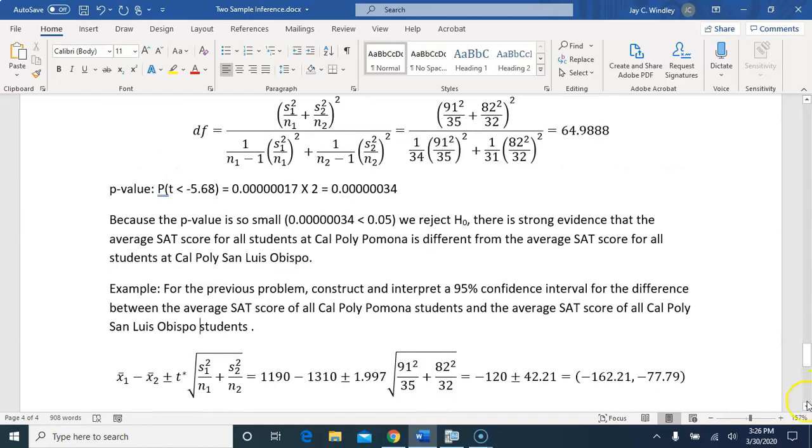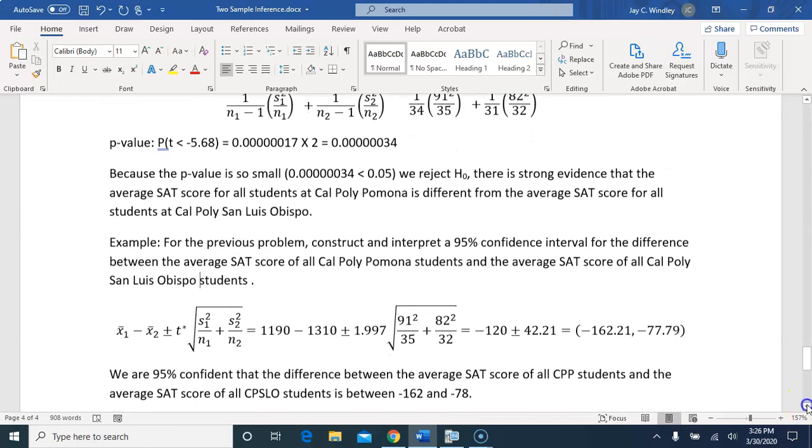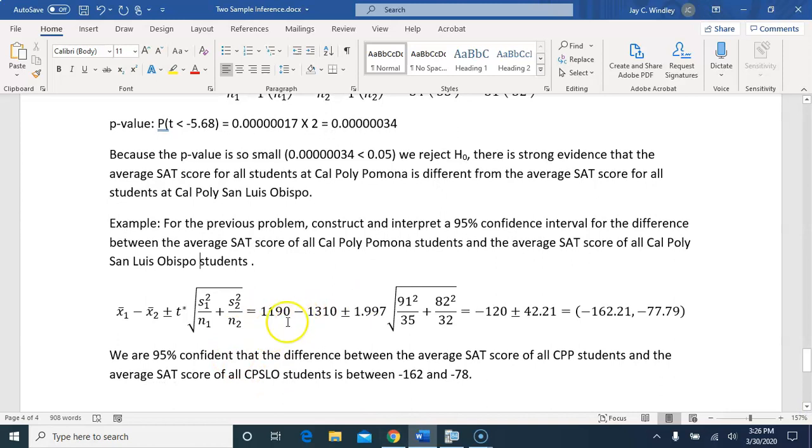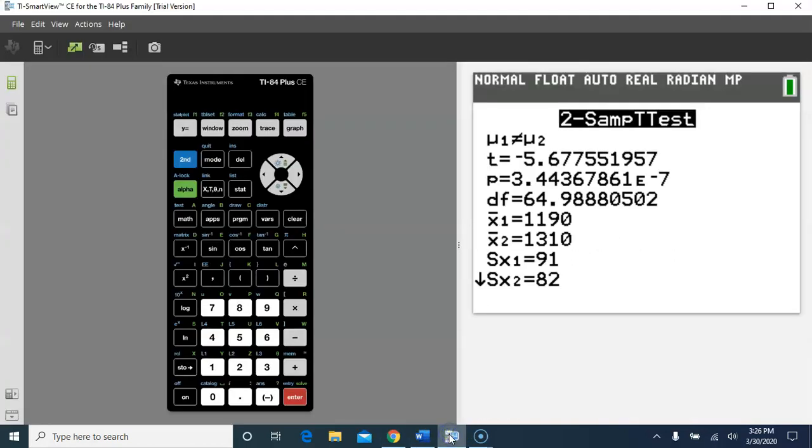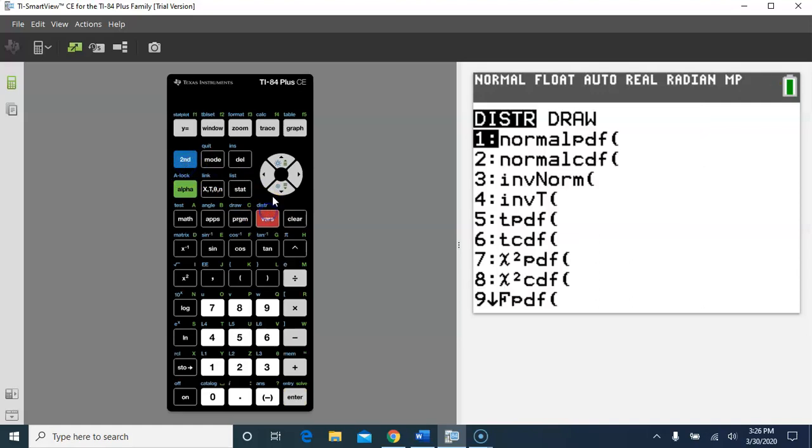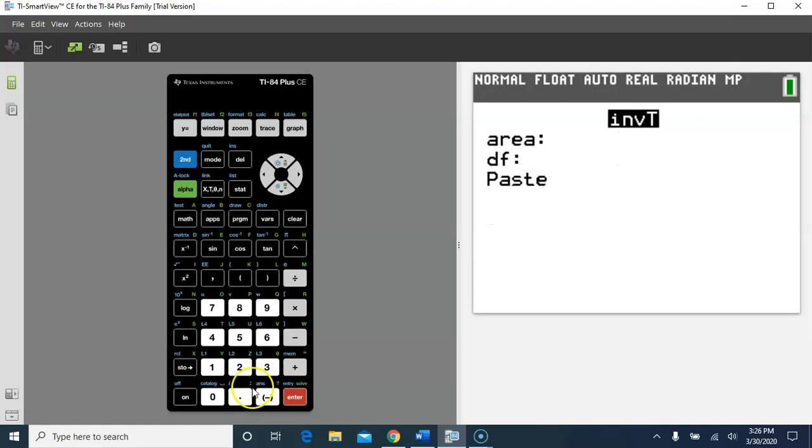So we plug in our 2 x bars. We plug in our t star. Now we already know the degrees of freedom is 65, roughly 64.988. If we do inverse t, we do inverse t with a tail area of 2.5% for a 95% confidence interval and degrees of freedom 65.